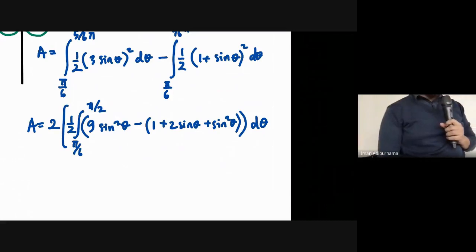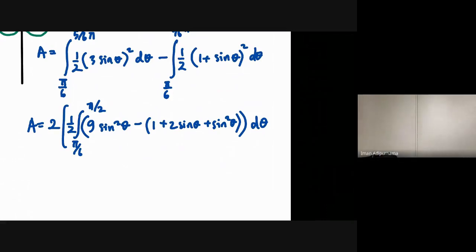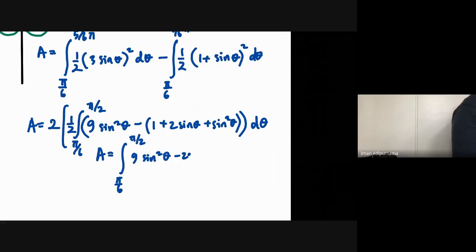Now that you can write. Now we can solve 9 and this will be 8. So we will have area is, okay, and then oh yeah, 8.